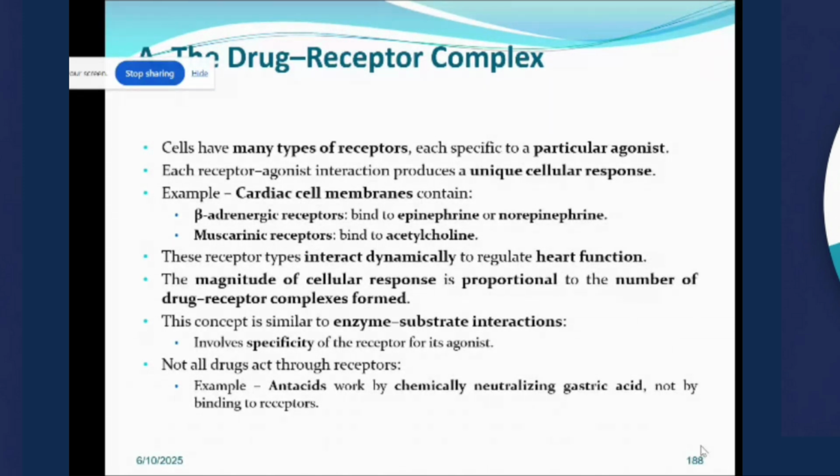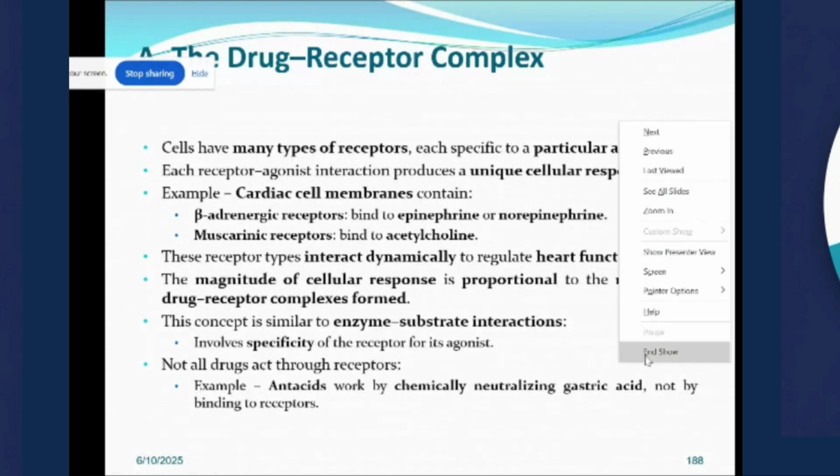The drug receptor complex: cells have many types of receptors, each specific to a particular agonist. Each receptor agonist interaction produces a unique cellular response. Example, the cardiac cell membranes contain beta-adrenergic receptors for binding epinephrine or norepinephrine, and muscarinic receptors for binding acetylcholine.